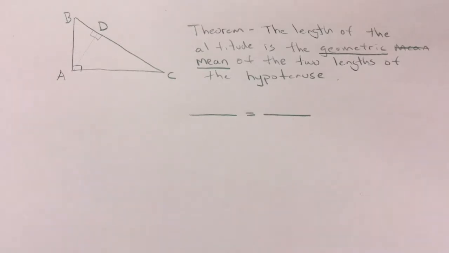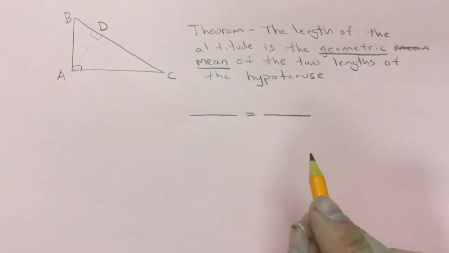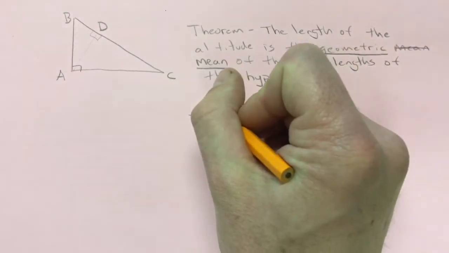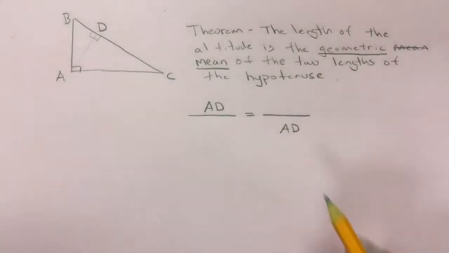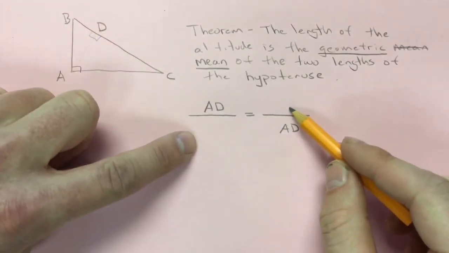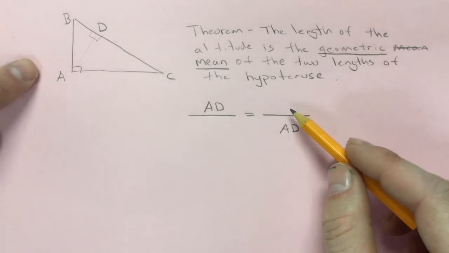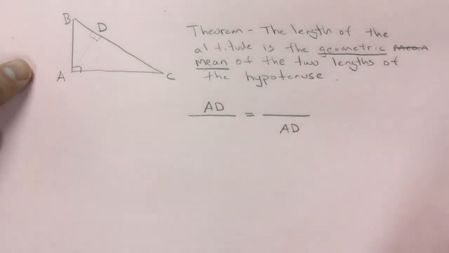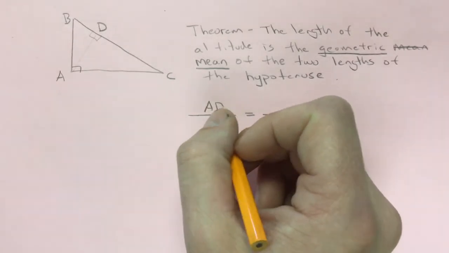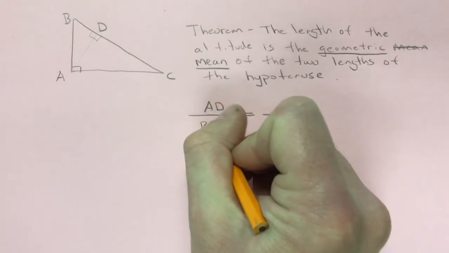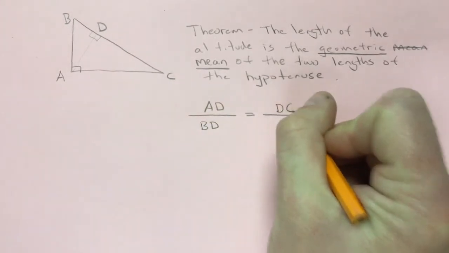Whatever appears before the words geometric mean is what gets mentioned twice in different spots of your proportion. So you would put it here and here, or here and here. In this case, the length of the altitude is AD, and it's the geometric mean of the two parts of the hypotenuse, which are BD and DC.